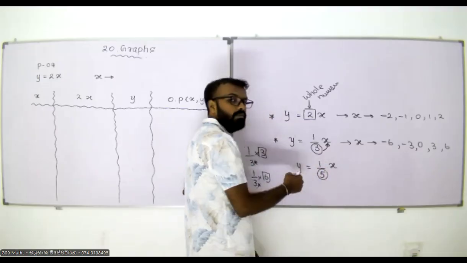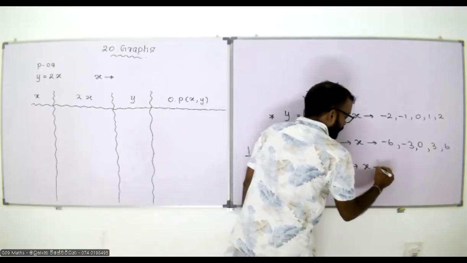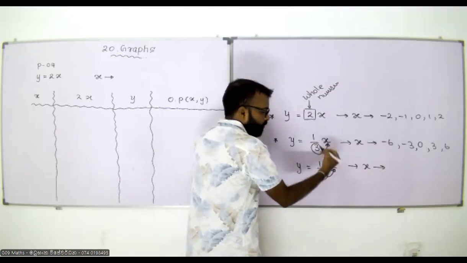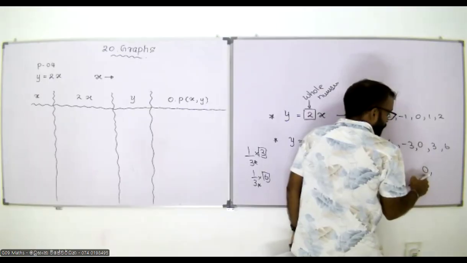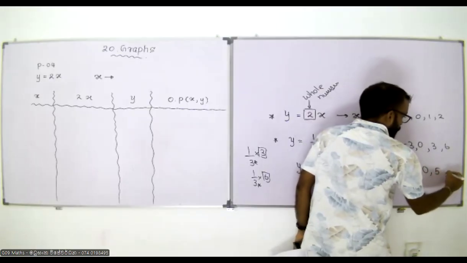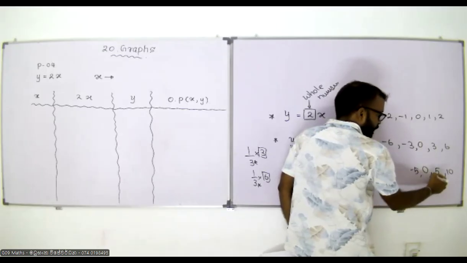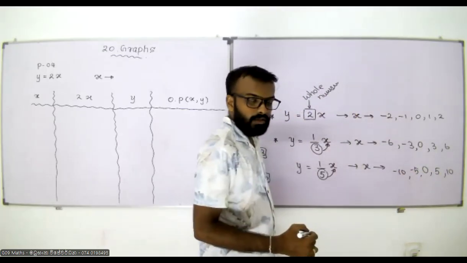If you want to get rid of the fractional part, the x value range is multiples of 5, including 0: 0, 5, 10, and to this side, negative 5, negative 10.